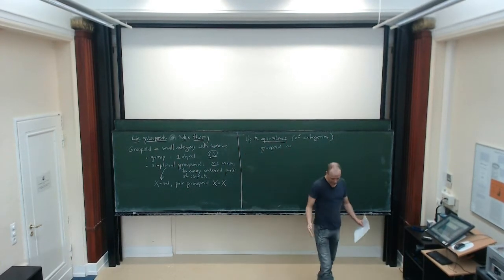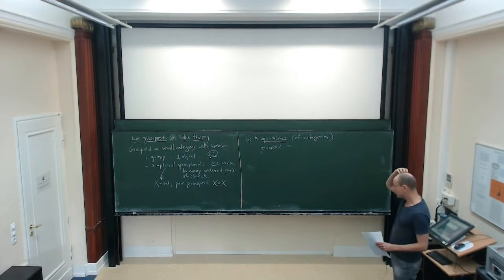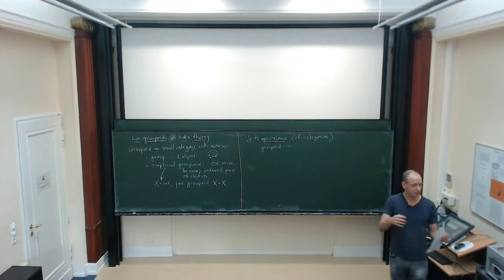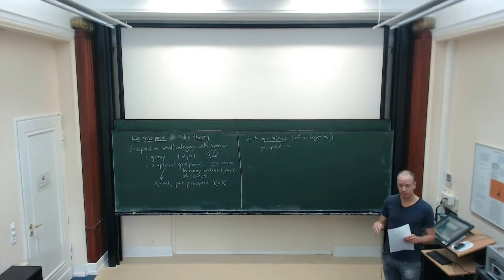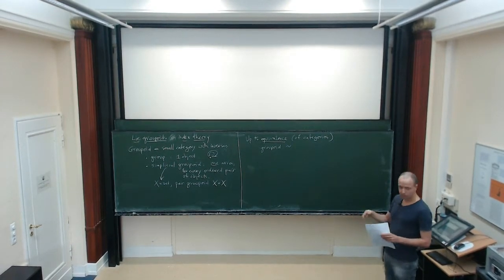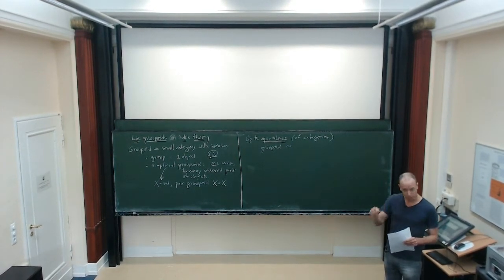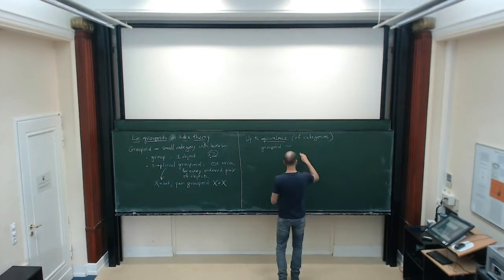Because, okay, so what is a category up to equivalence? It's basically isomorphism classes of objects. But there's a little bit more. There's automorphism groups. Okay? And that's exactly the difference between just having an equivalence relation and a groupoid. It's the automorphism group. So this is up to equivalence.